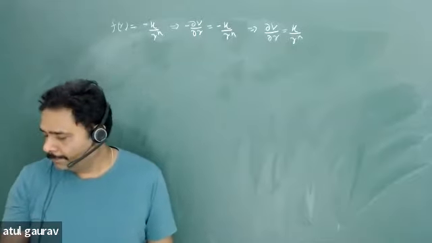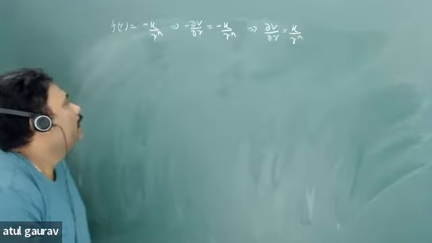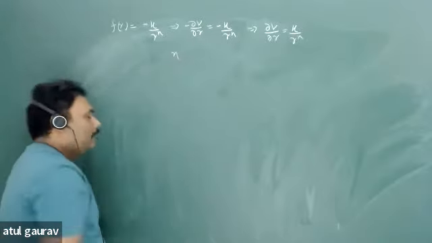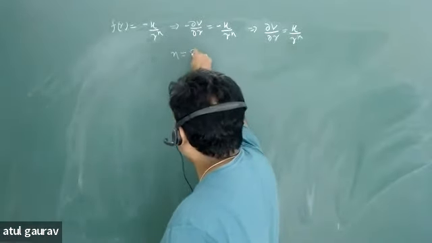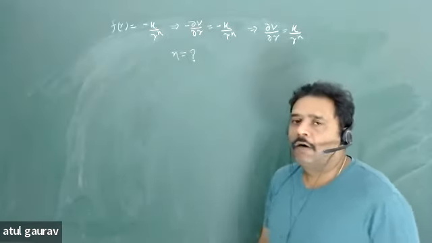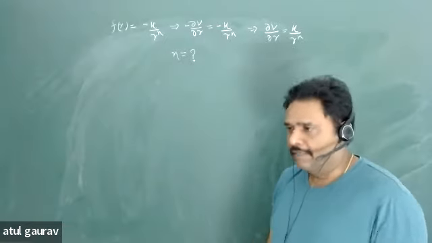Everyone is comfortable? Now the question is: find the value of n such that the orbit is circular as well as stable.